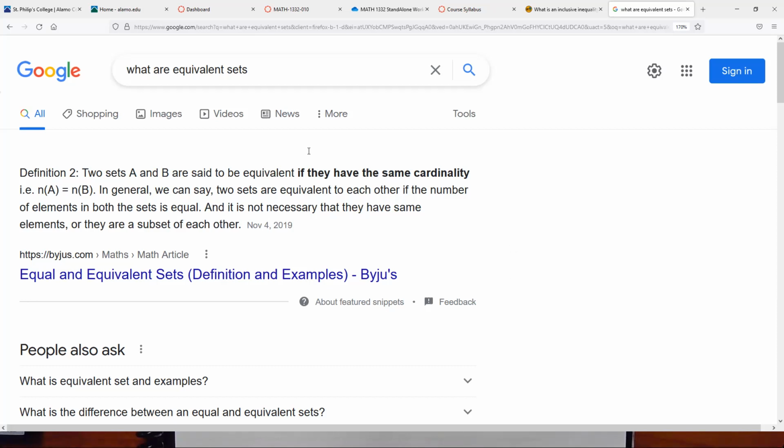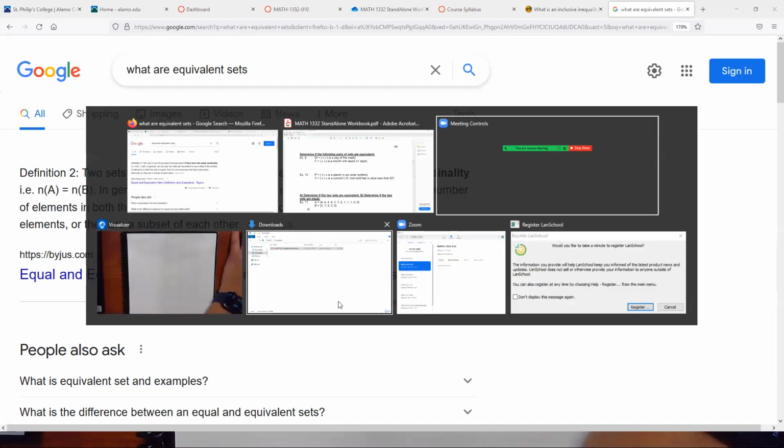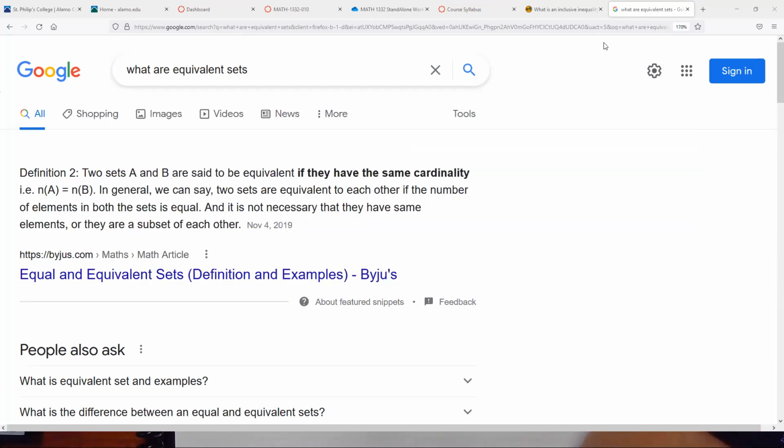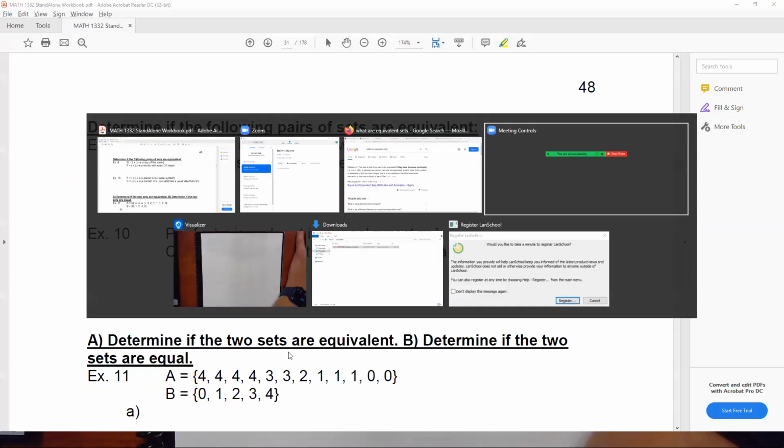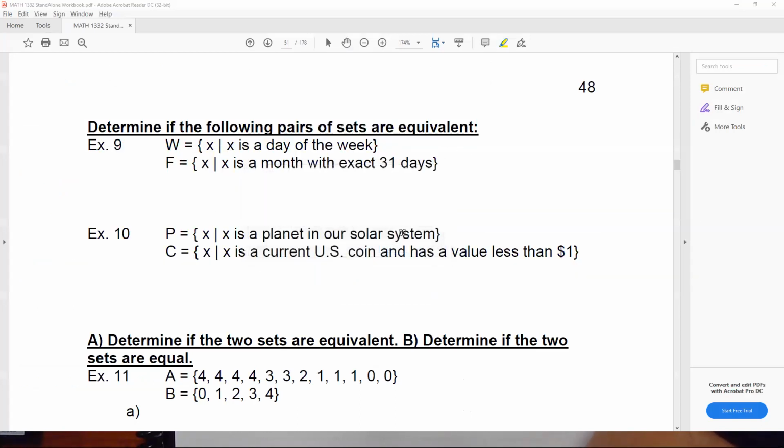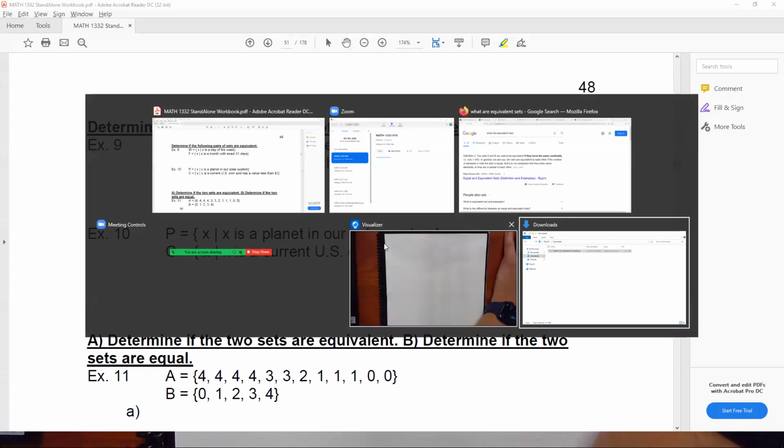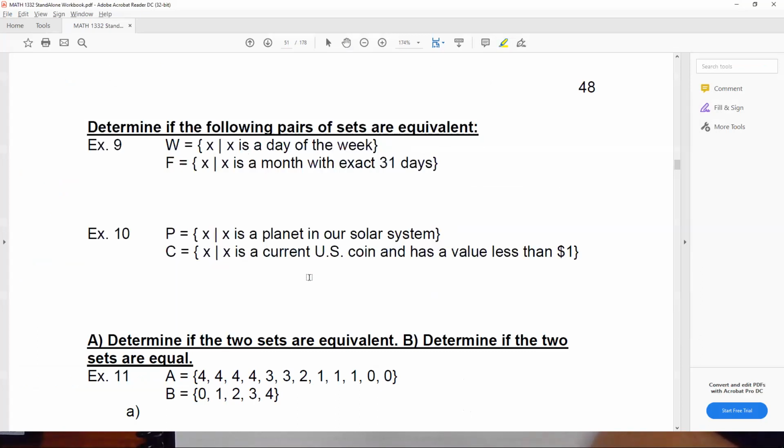So go back to this question here. How many elements does W contain? 7, for sure, right? And F? Well, oh, no. I don't even know how many months.